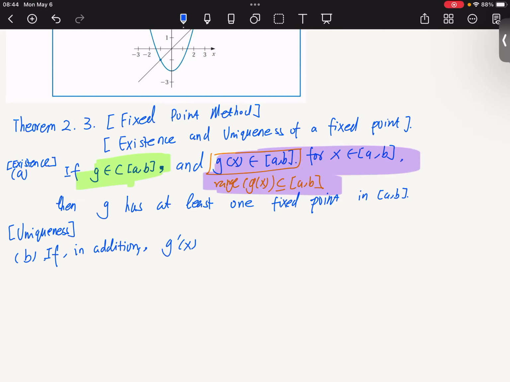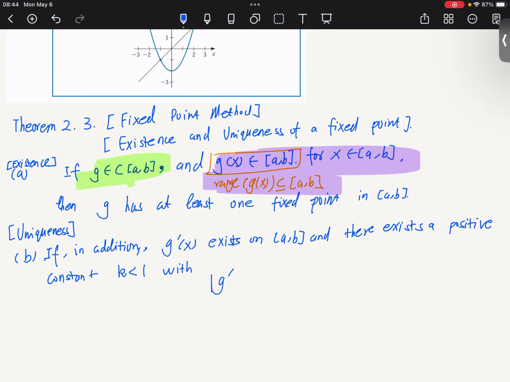If the derivative g prime exists on the interval [a, b], and there is a positive constant k smaller than 1, such that the derivative g prime is bounded by this constant k.